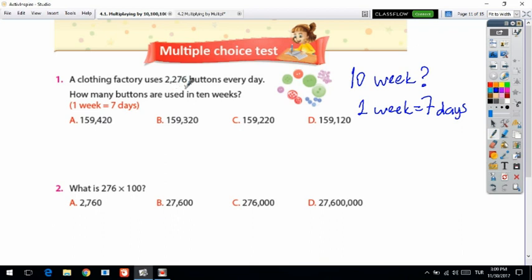So can you find for 1 week? Yeah, you multiply by 7. 2,276 times 7. 6 times 7 is equal to 42. Then 2 comes down, 4 make a circle. 7 times 7 is equal to 49. 49 plus 4 is equal to 53.